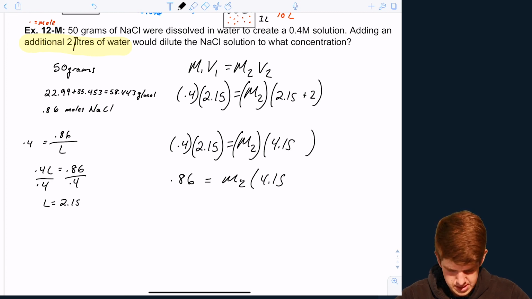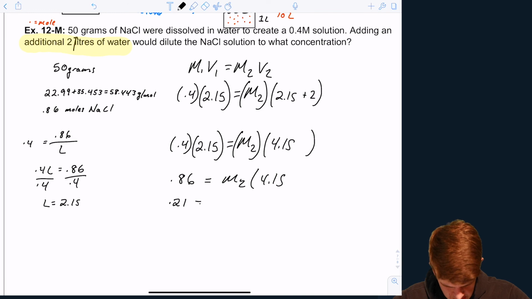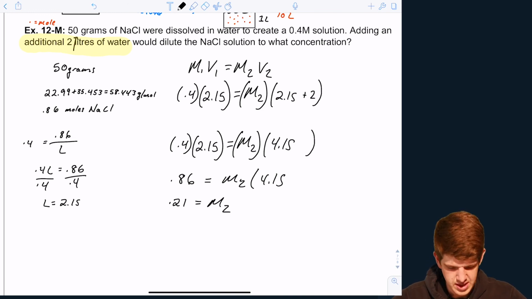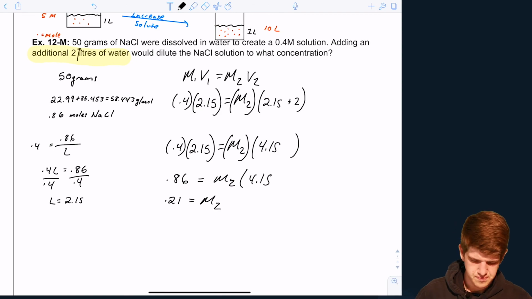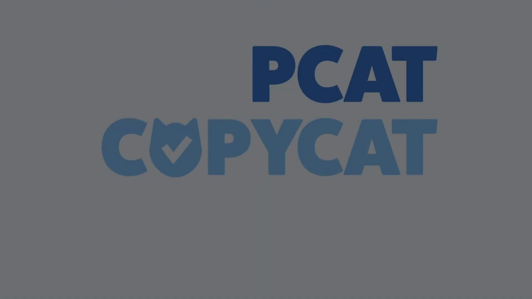So 0.86 divided by 4.15 is equal to 0.207, or 0.21, which is our concentration of the final NaCl solution after we added 2 liters of water to dilute it. So that is an example of a concentration problem and a dilution problem. Very popular stuff.